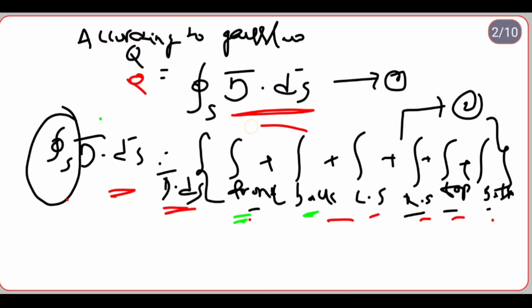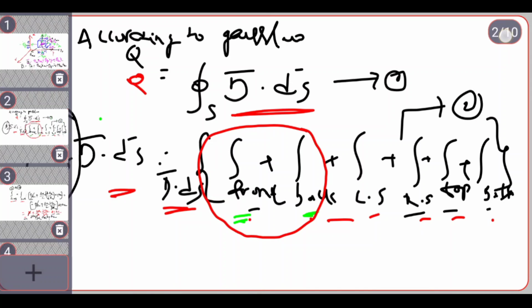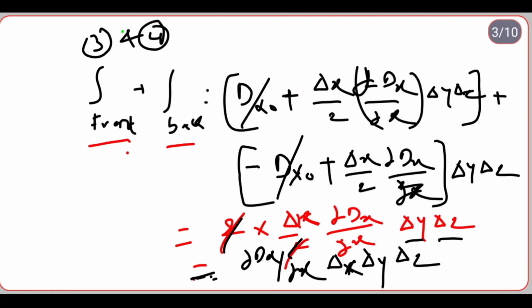First we go for front and back at a time, because in the x direction it is front, and the negative x direction is back. From front and back we consider the rate of change of electric flux density: Dx0 plus the rate of change of electric flux density times the distance of point P in the x direction, which is delta x by 2, half of the distance.